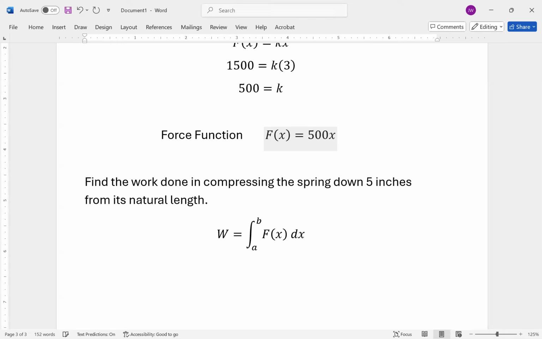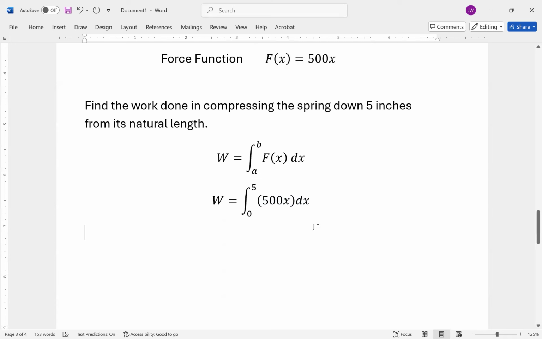So if I want to find the work done, compressing the spring down 5 inches from its natural length means I start at 0 and I go up to 5. And my force function is just 500x. Again, if you wanted to, this is a pretty straightforward thing to integrate by hand.